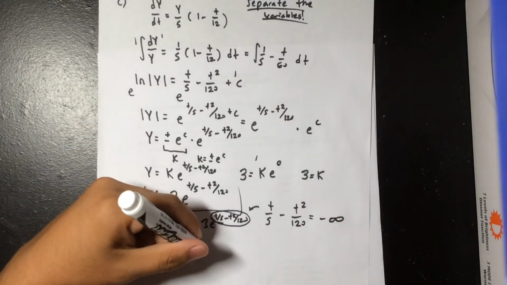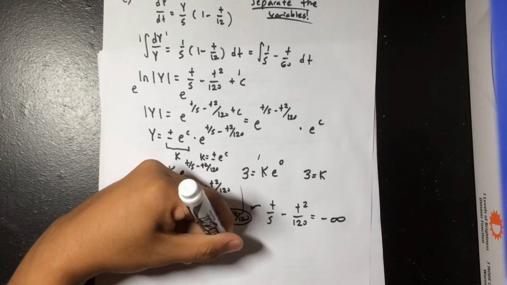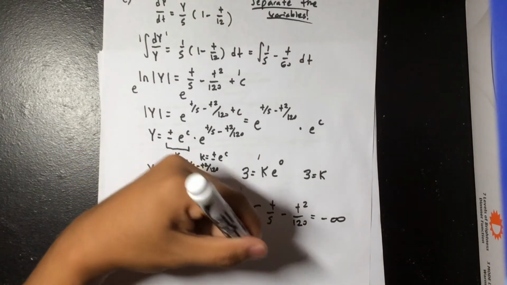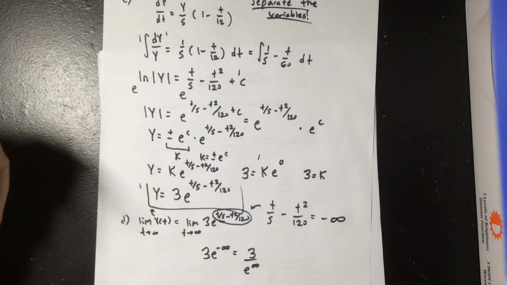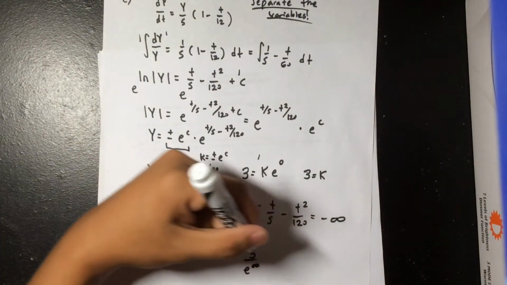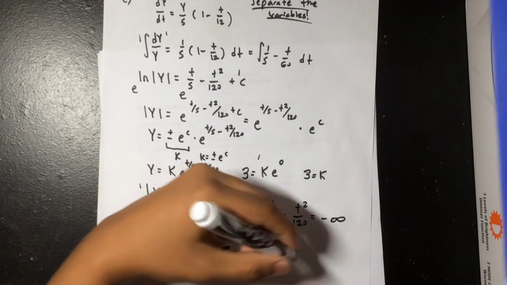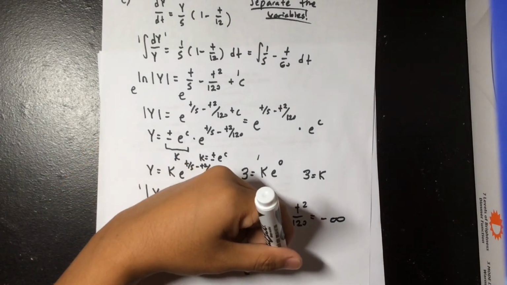So essentially we are left with 3e to the negative infinity, which can be rewritten as 3 over e to the infinity power, which becomes 3 over a fairly large number, and 3 over a fairly large number is just equal to 0.